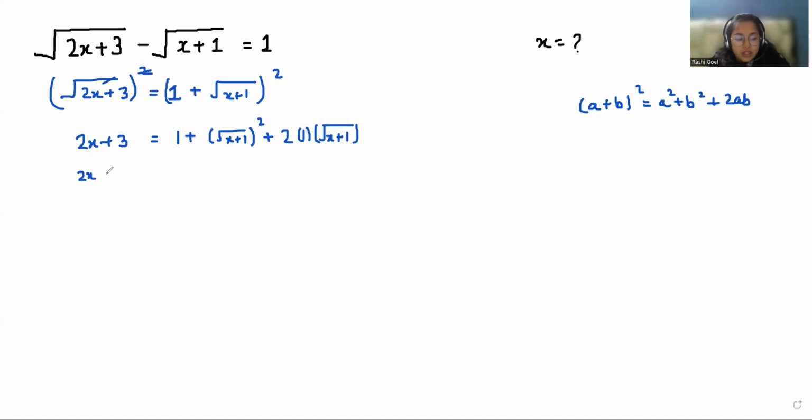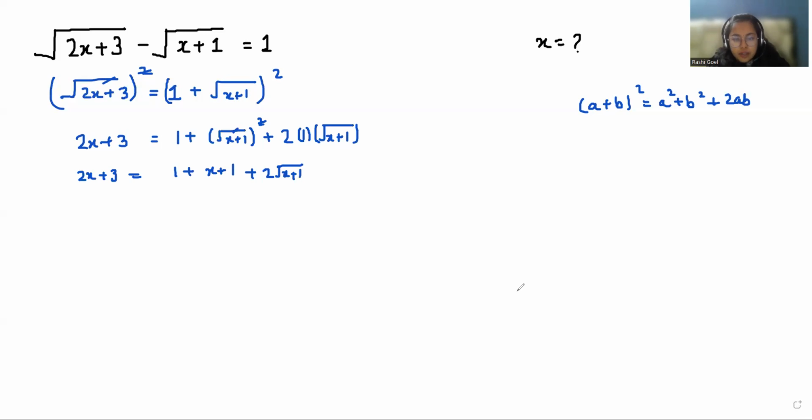Now 2x plus 3 is equal to 1 plus, with the help of this the square root eliminates, so x plus 1 plus 2 times square root of x plus 1.